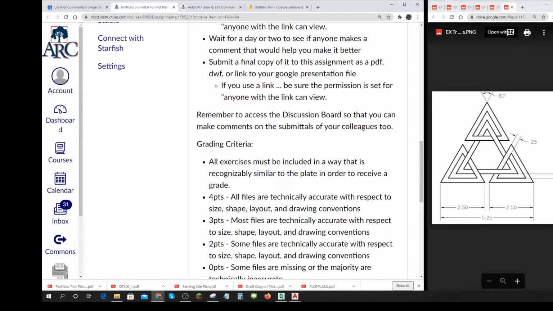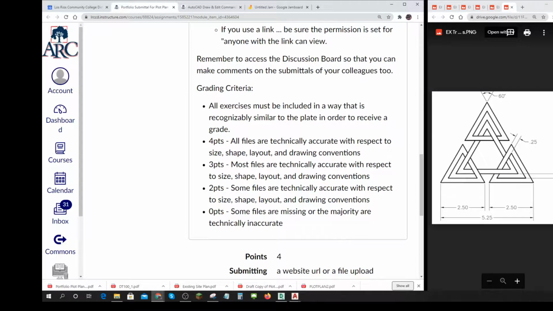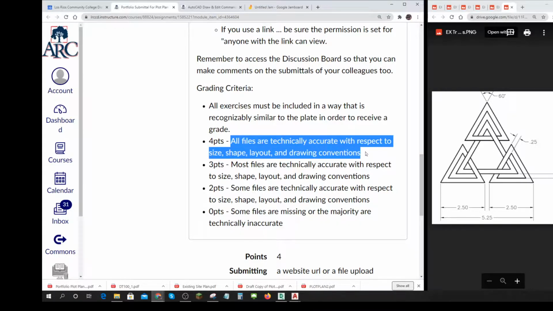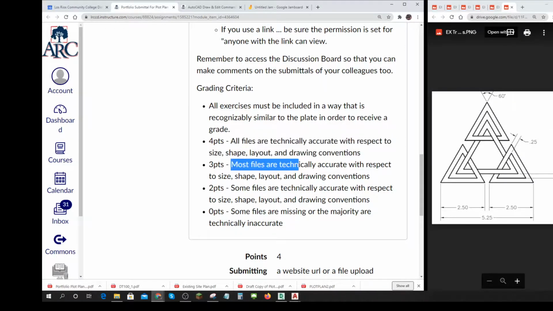This is your grading criteria. This is how I'm going to grade it. Not this time, but at the end. Some of you might get a thing that says, wow, this looks pretty good, no changes. If all your files are technically accurate, size is right, the shape is right, the layout is right, drawing convention, which is pretty simple on this one, you'll get 4 points. If most of them are right, you'll get 3 points.